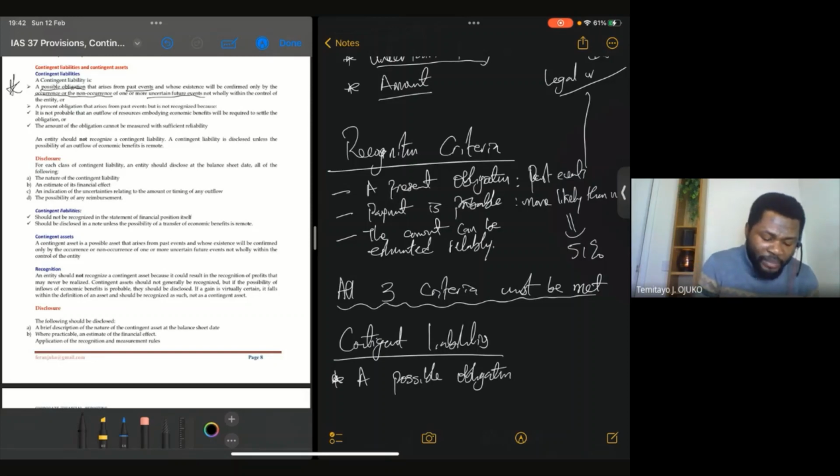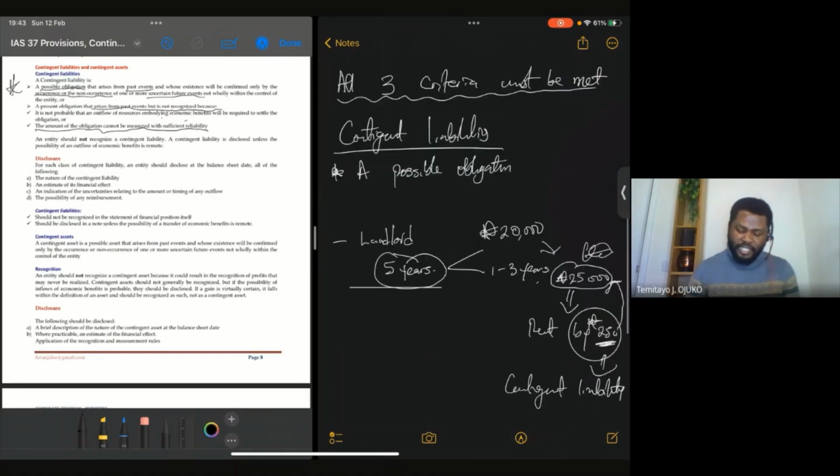A present obligation that arises from a past event but is not recognized because it is not probable that an outflow of resources embodying economic benefit will be required to settle the obligation, you are not sure if the payment is probable, or the amount of the obligation cannot be measured with sufficient reliability.